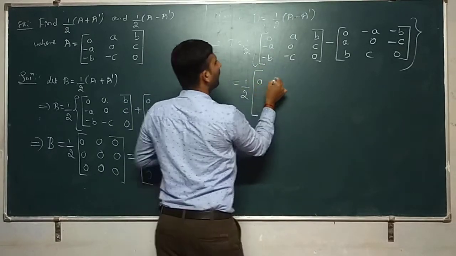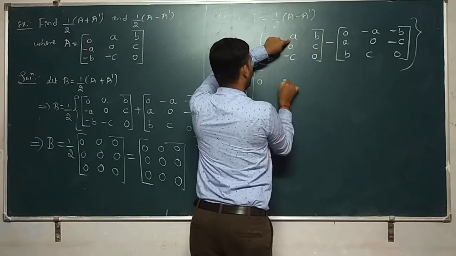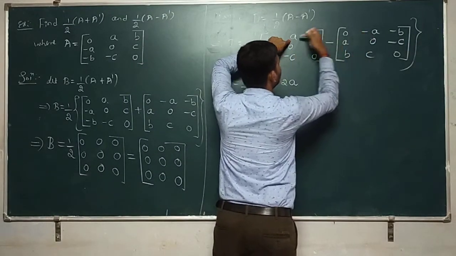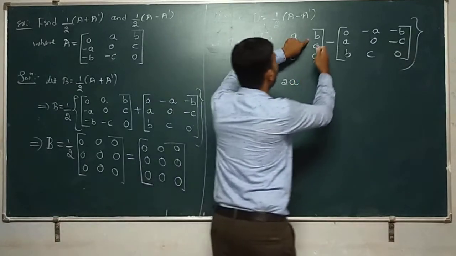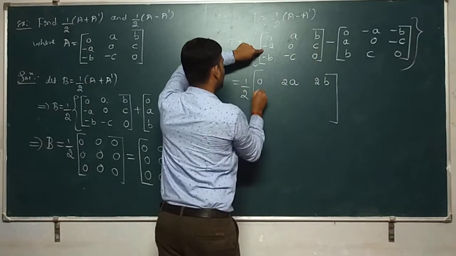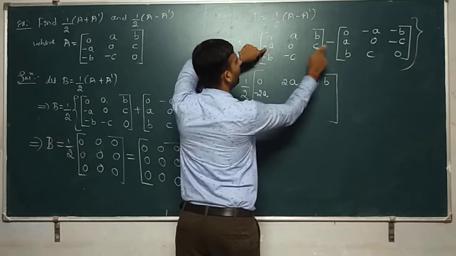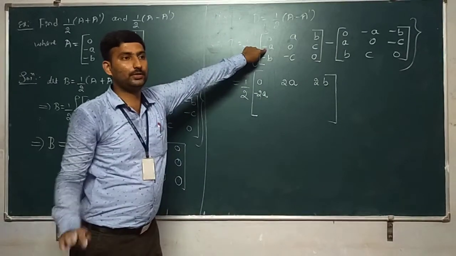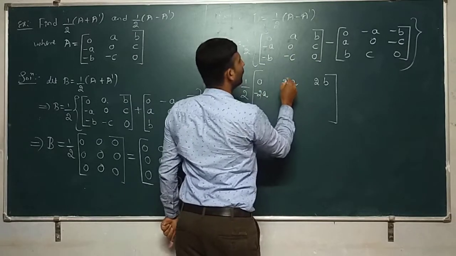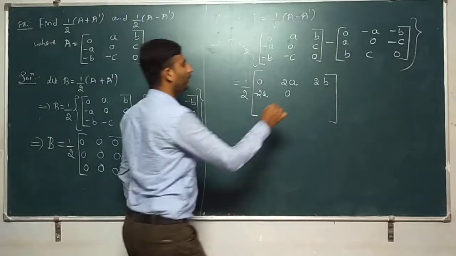Which is equal to half, 0 minus 0 is 0, a, just observe, minus a minus of plus a, nothing but 2a, right? Minus b minus of b, which is 2b. Minus a minus of minus a, it is not a plus, it is addition, becomes 2a, 0 minus 0 is 0, c minus of minus c becomes 2c, correct?